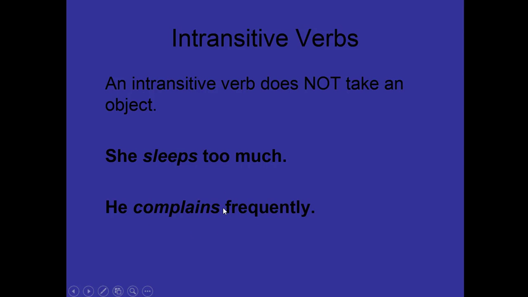He complains. Where is the object? No object. Just I say he complains. Frequently, always, usually, but no object here, either direct or indirect. Okay, so it's clear that an intransitive verb doesn't need any object.